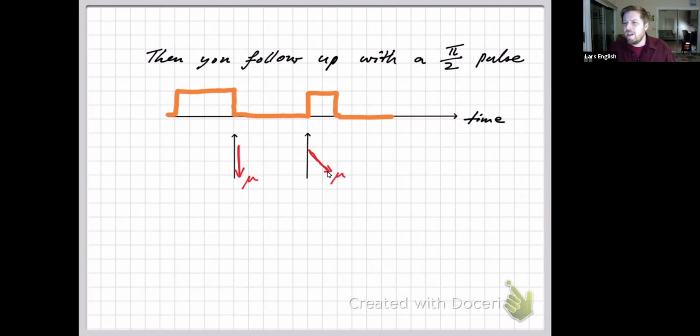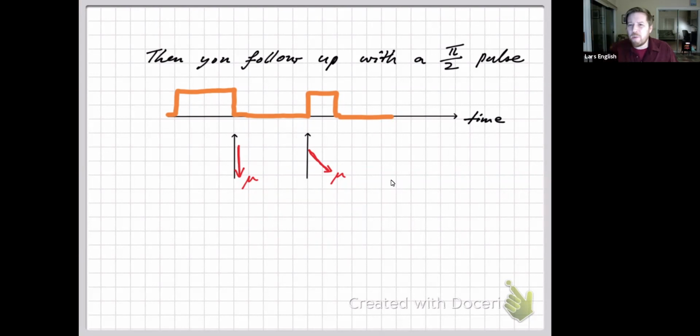Classically speaking, there's already been some attempt at getting back to the ground state. And so the longer we wait, in other words, the longer the separation between these two pulses, the more progress these individual spins may have made in their attempt to get back to the ground state.